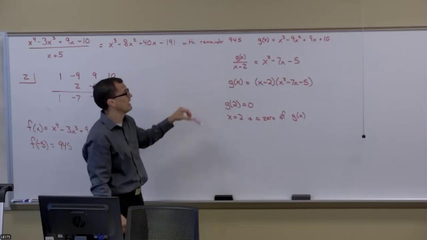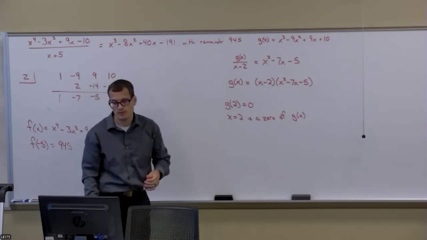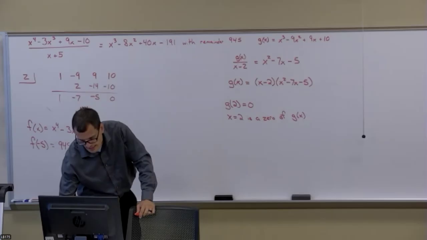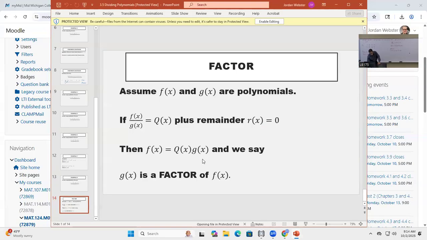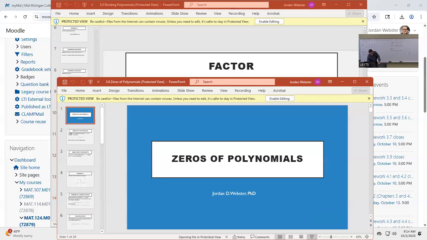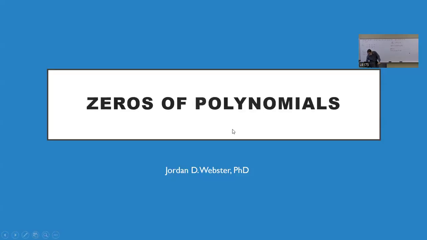We're going to do a lot of work where we find zeros of polynomial functions in the next section. In fact, that's what the entirety of the next section is, just finding zeros of polynomials.